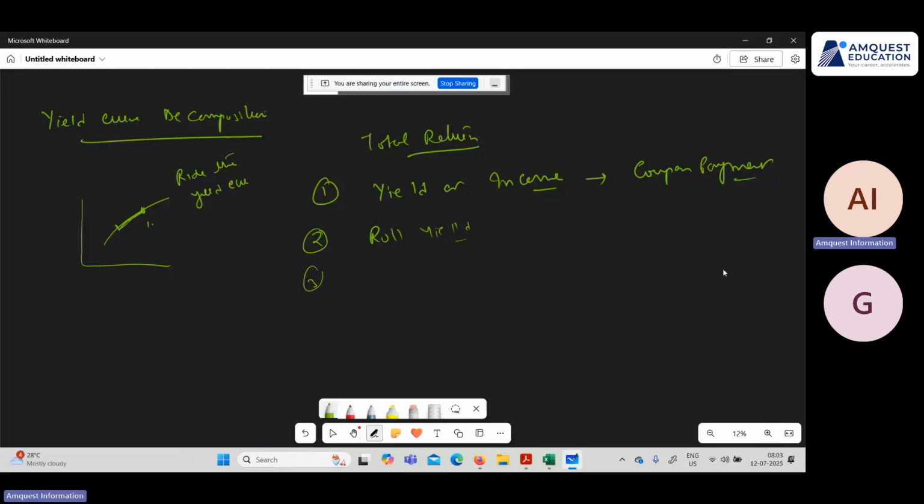Third is the shift. Basically, the parallel upward movement or downward movement. The way we speculate, we can earn. Again, shape, we talked about this, the steepening or the flattening of the curve.